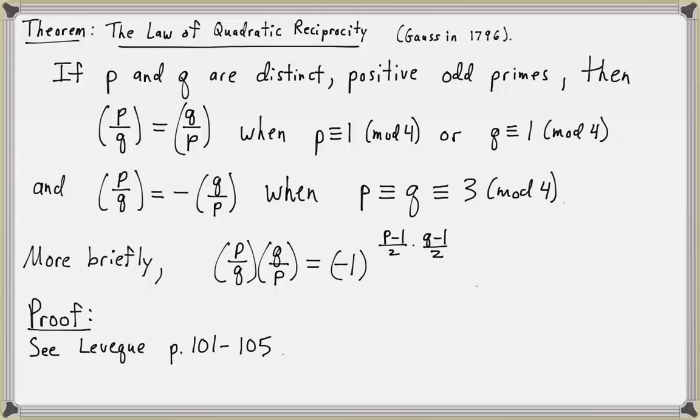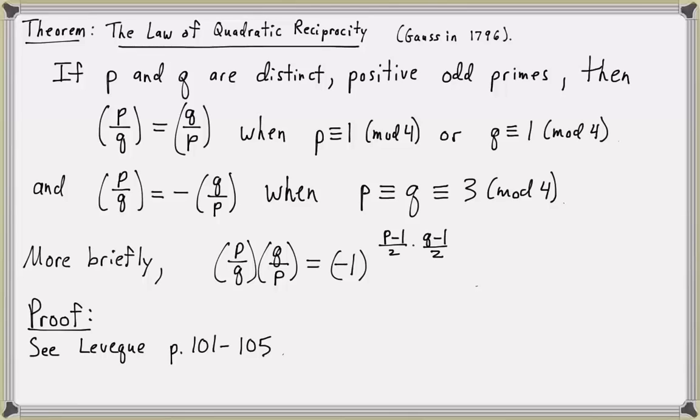And Levecque also notes that Gauss initiated the study of algebraic number theory while trying to prove this theorem. And currently, in June 2014, there are at least 246 known proofs of the law of quadratic reciprocity.